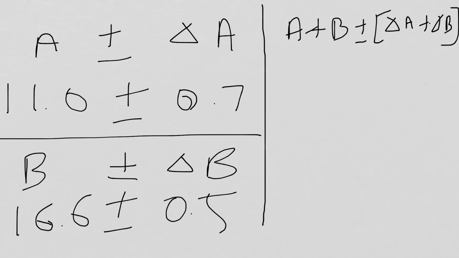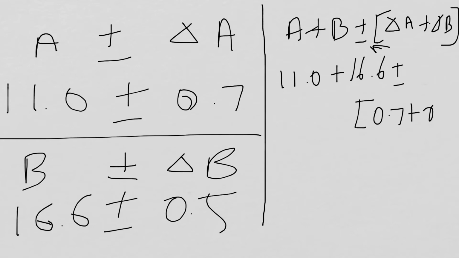Now we write all the values: 11.0 plus 16.6, then plus or minus, and in the square bracket delta A which is 0.7 plus 0.5.